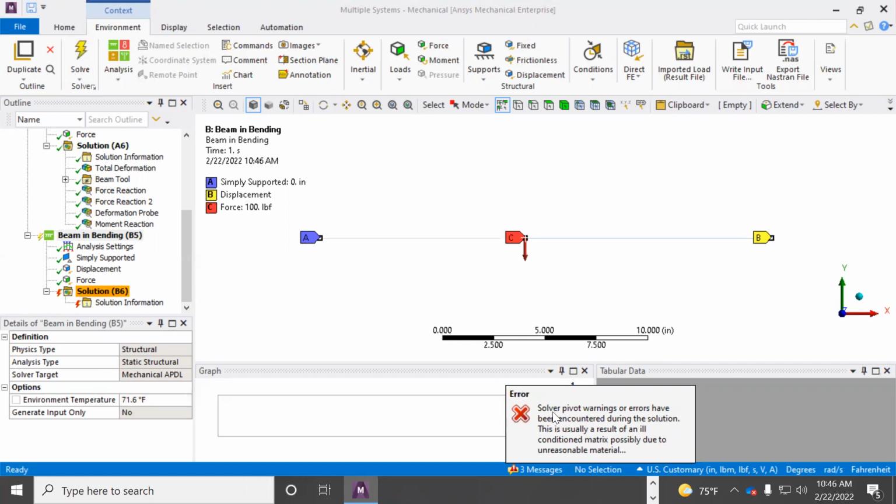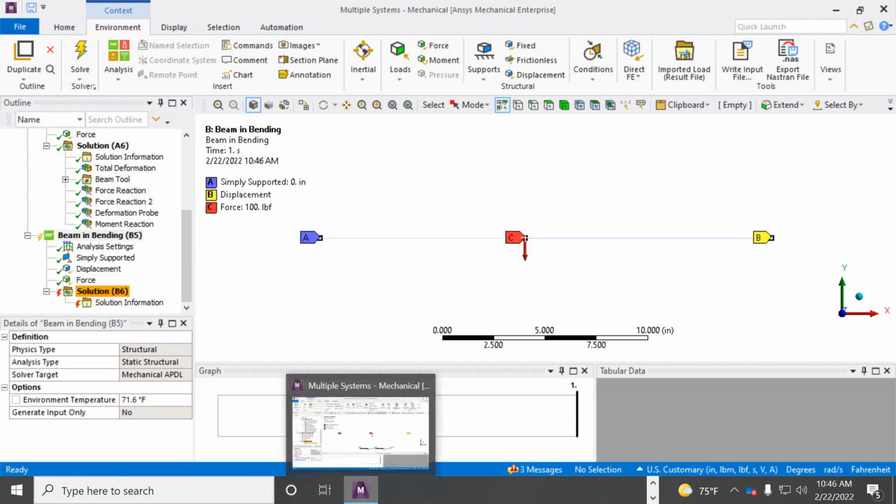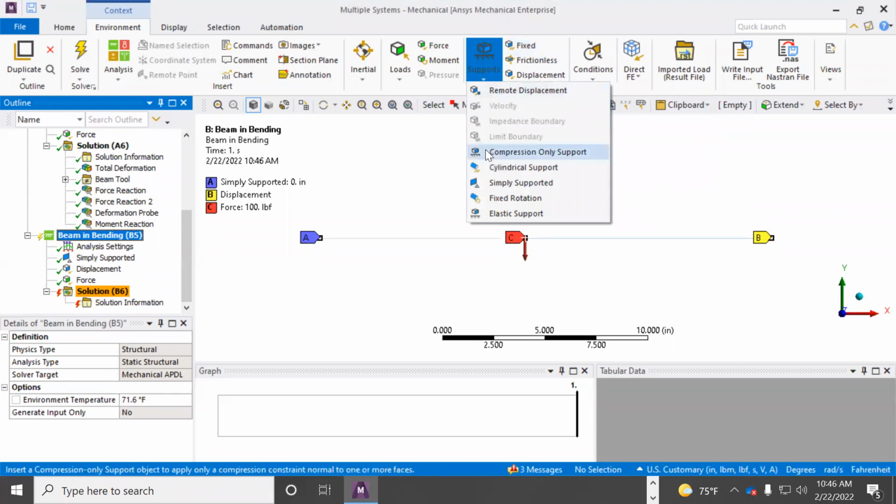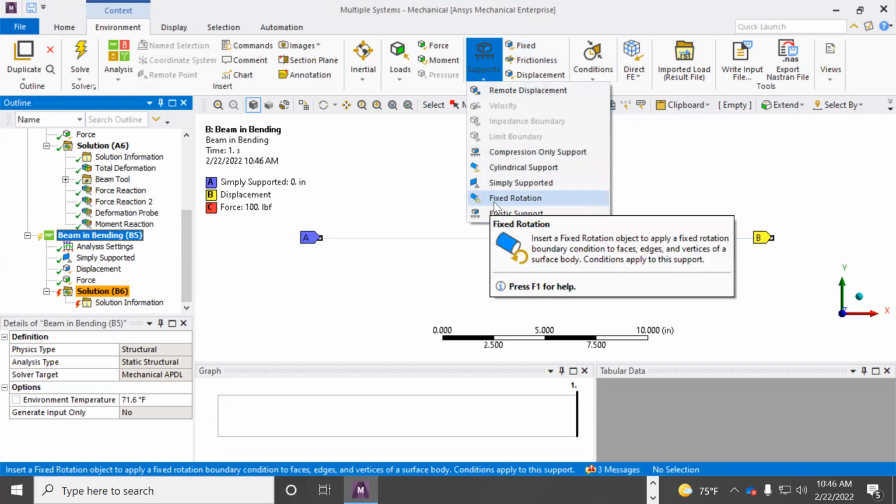Warning, solver pivot warnings. And I get an error because there is rigid body motion. I get this red icon meaning the solution failed. Simple fix. I'm going to go back to my beam in bending and I'm going to come and add not a fixed support, but if I go here under supports, there is something called fixed rotation.